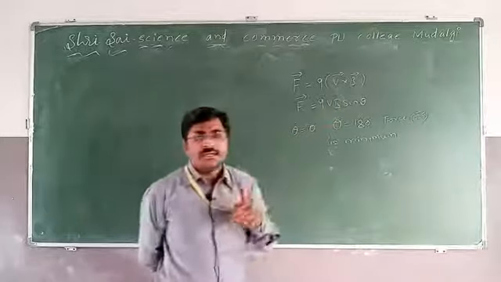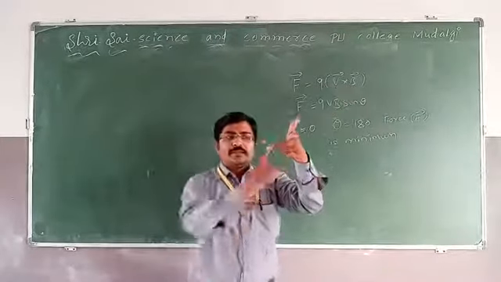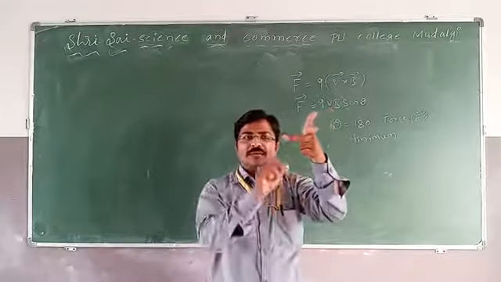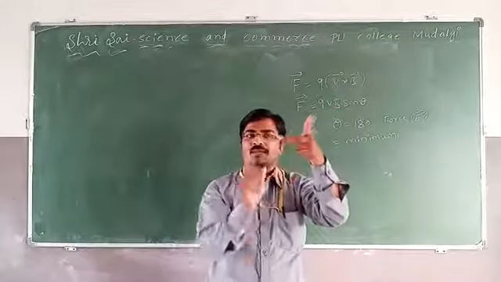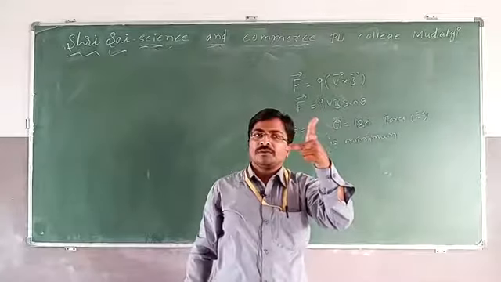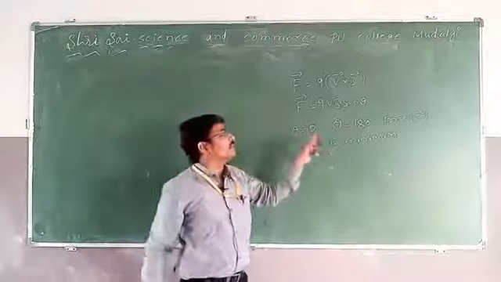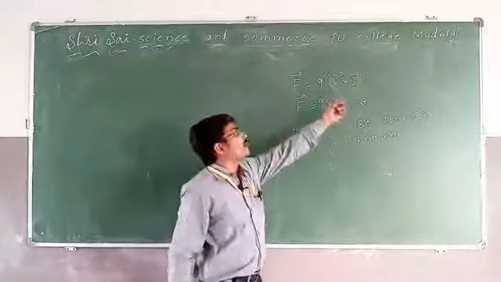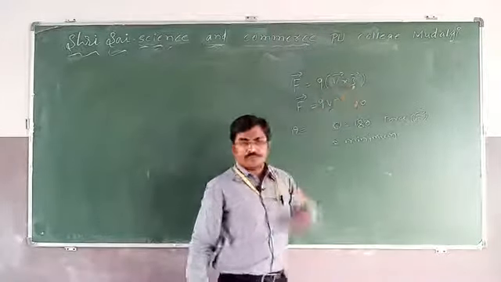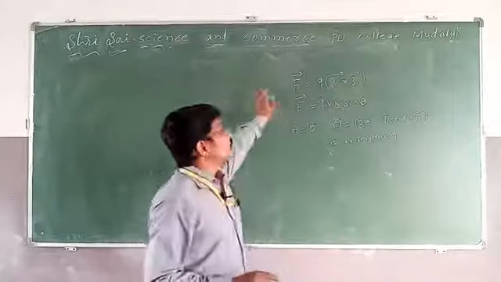What is theta? Theta is the angle between V and B, the magnetic field and velocity. If this angle is 0 degrees, that is, when the angle between the velocity and magnetic field is 0 degrees, then the force is minimum.